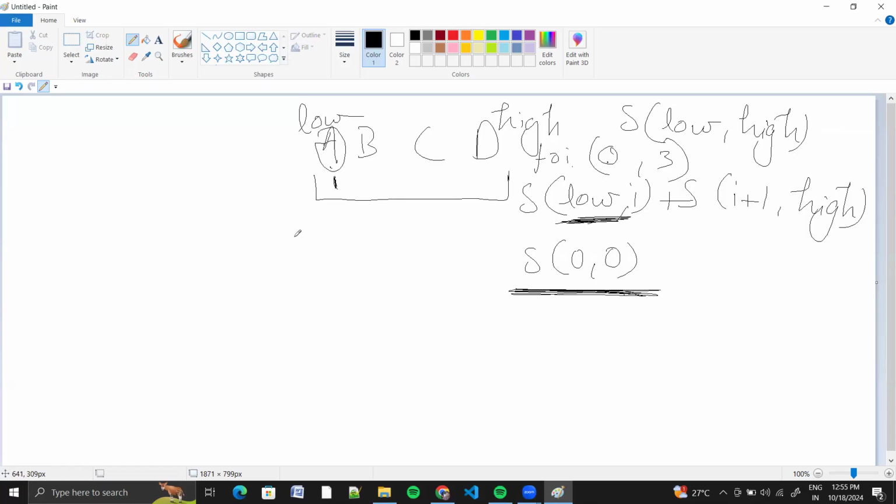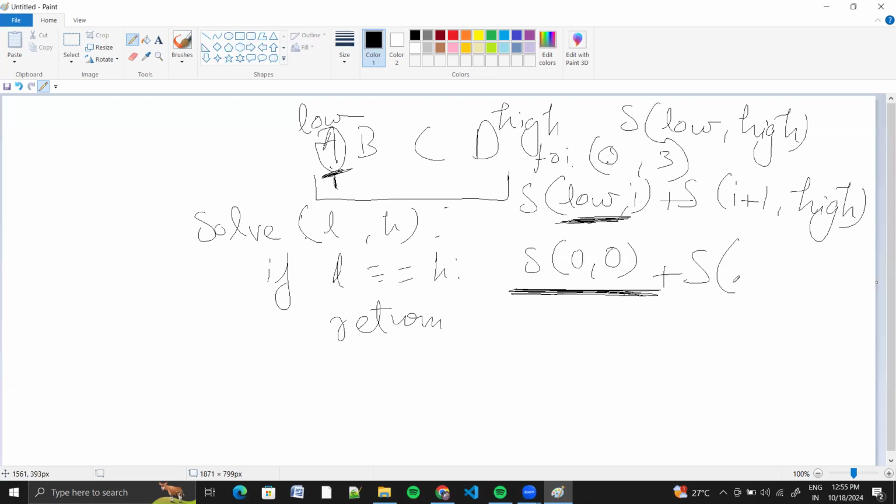So in the base condition of this solve function, we'll say low high, and in the base condition we'll say if low equals high, then we'll return 0, because we don't incur a cost for that. Just seeing a matrix does not have a cost, but at the same time we'll also have solve i plus 1, that is 1, and high will be 3.